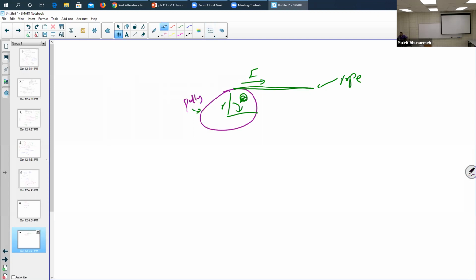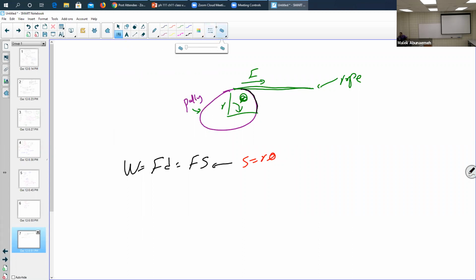Now, your work that we have is what? It's going to be force multiplied by the distance. And in precise, as your force, your distance is going to be your arc length, S. But S, we defined it before as R theta.